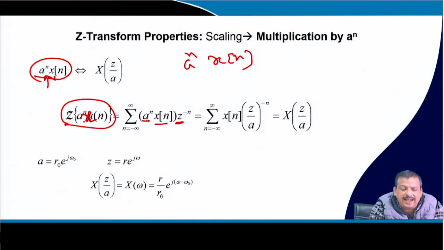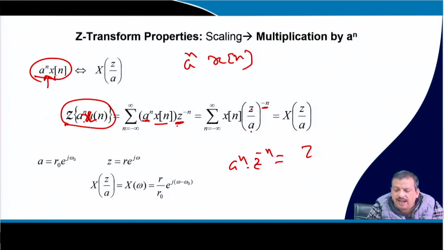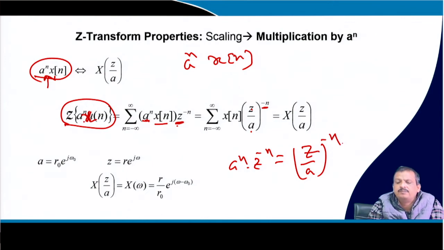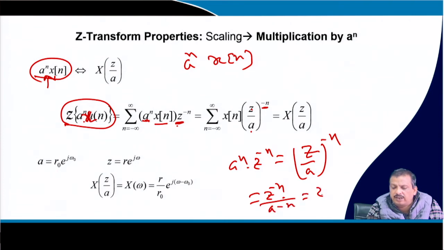So, I can say a can be divided by z. So, z by a to the power minus n, because a to the power n into z to the power minus n can be written as z by a whole to the power minus n, which is nothing but z to the power minus n divided by a to the power minus n, which is nothing but z to the power minus n into a to the power n.